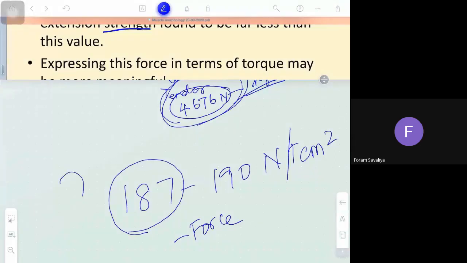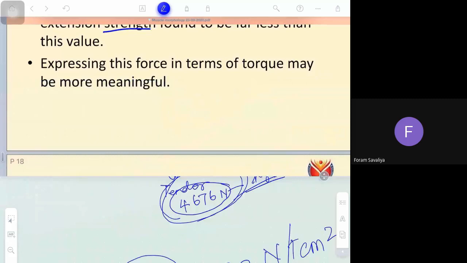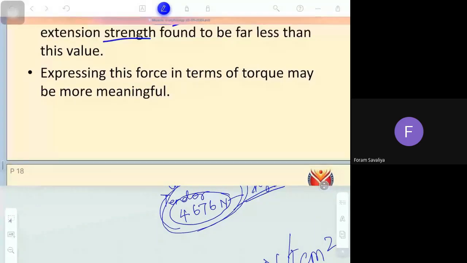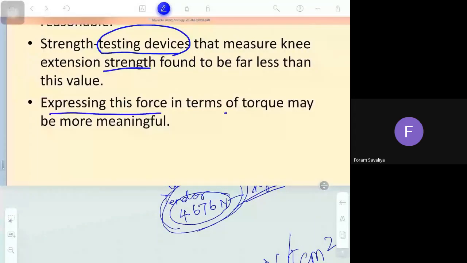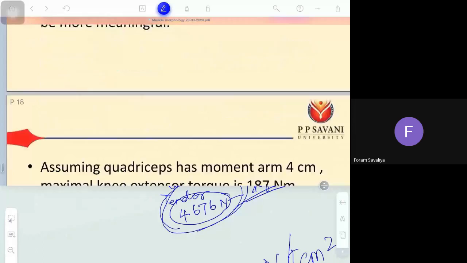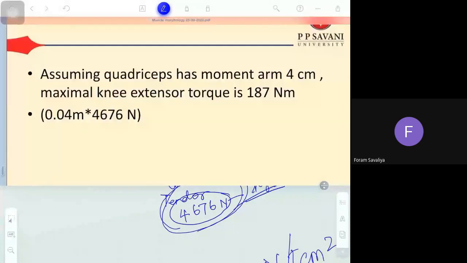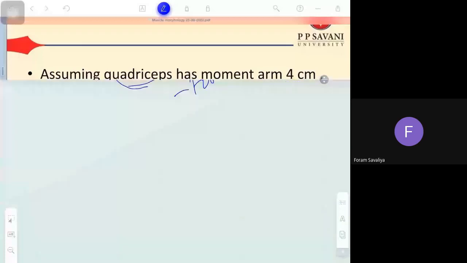How is it possible? This is possible when you express this force in terms of torque. Do you know what is momentum? How will you measure the torque? Internal torque, we discussed in the first lecture.